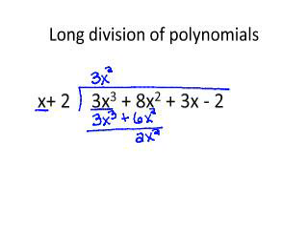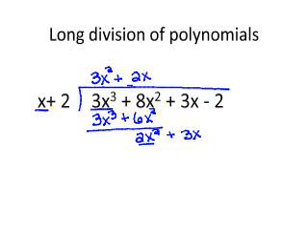Now we're just going to repeat that process again. So let's bring down the next term. And then remember, we're just looking at the x and the 2x squared here. So what do I have to take times x to get 2x squared? Well, we're missing the 2 and 1 factor of x, so that would be 2x.